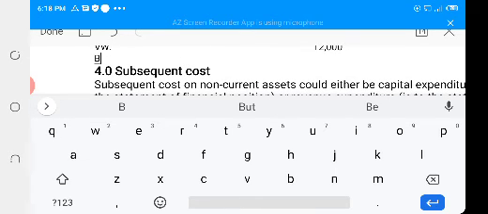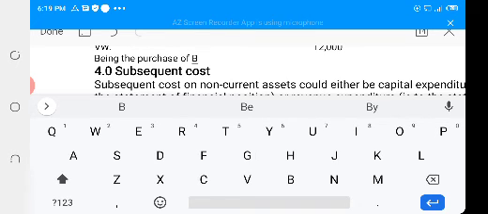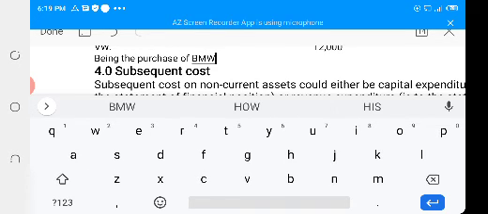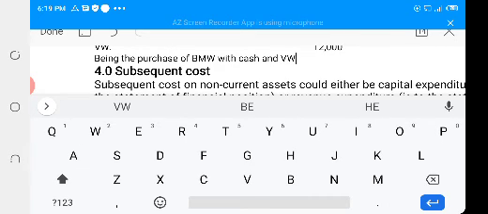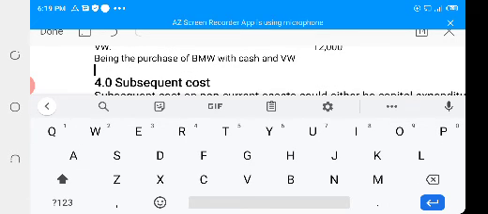Being the purchase of BMW with cash and VW. So that is the solution.